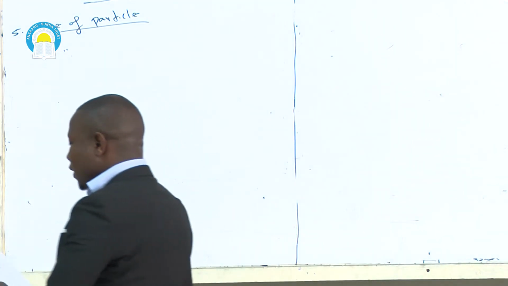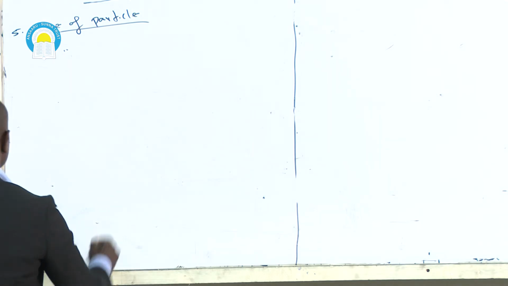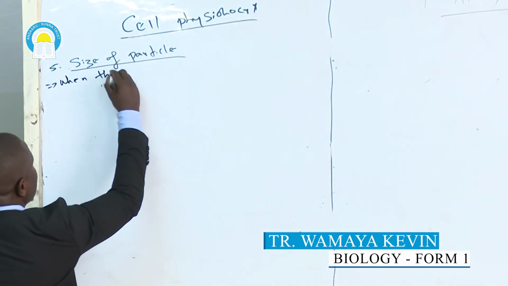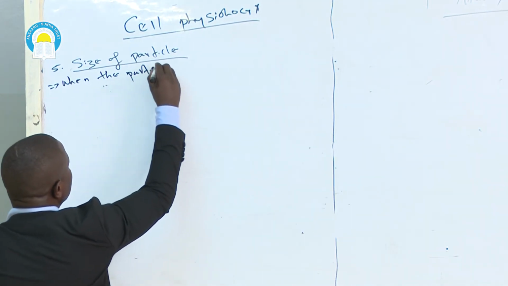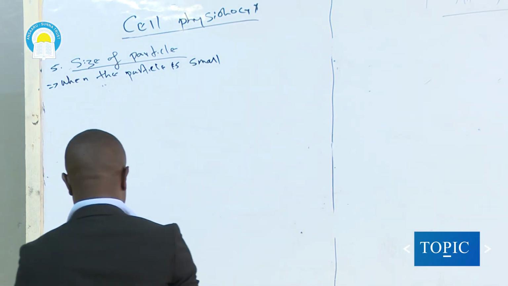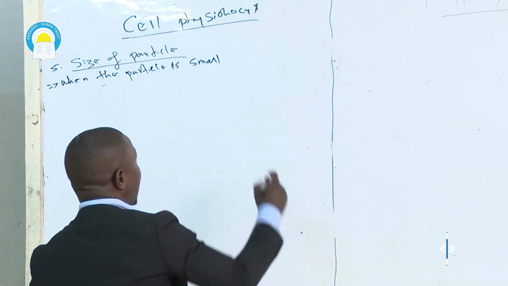So, when the particle is small, the rate of diffusion will be high.